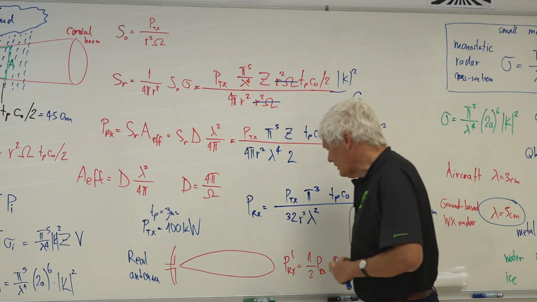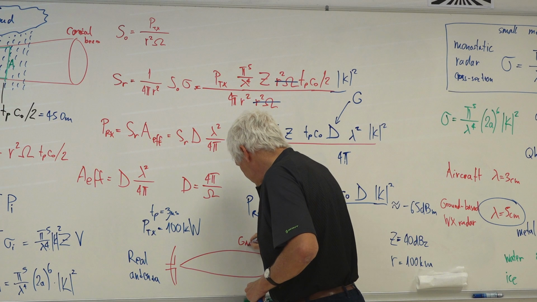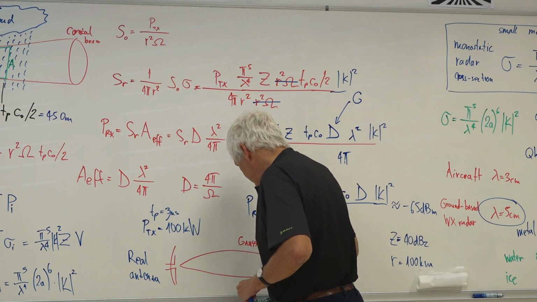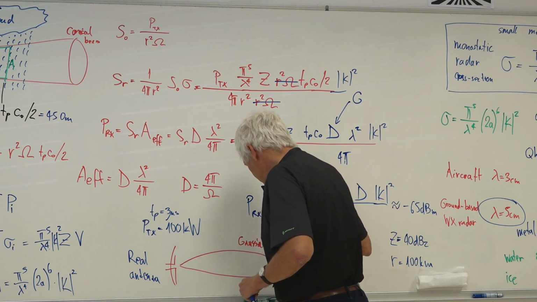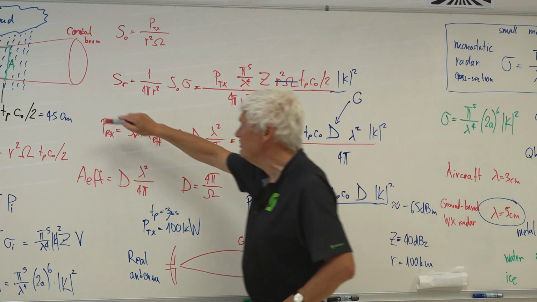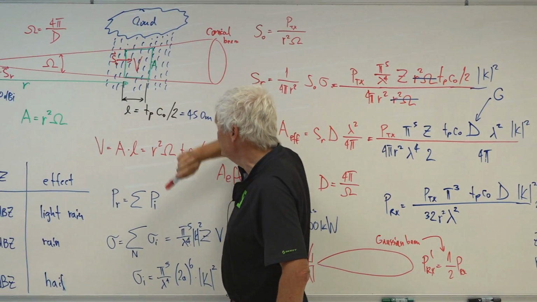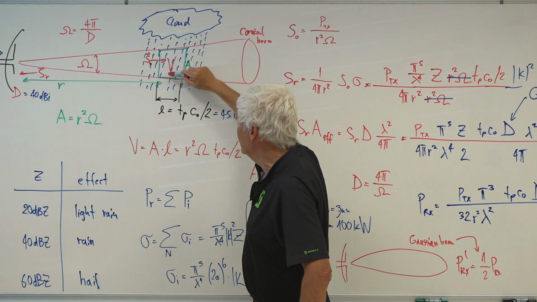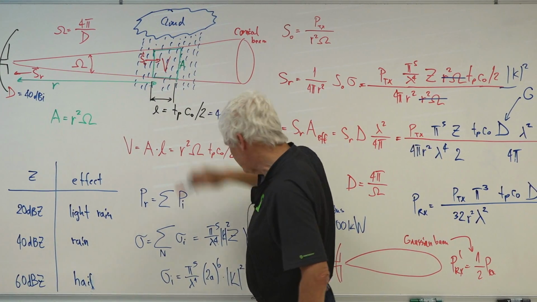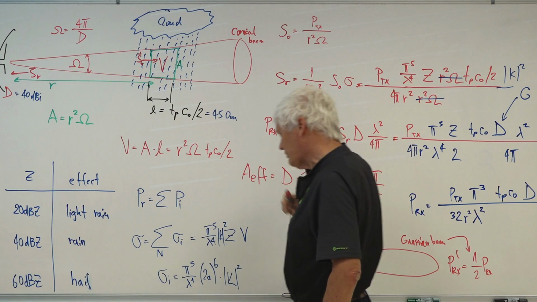This is true for a Gaussian beam. It gives a factor here of 1/2 because the beam is not uniform, does not provide uniform illumination all across. The illumination slowly decays. And also the reflection from the edges of such a shaped beam is weaker than the reception from the center of the beam.